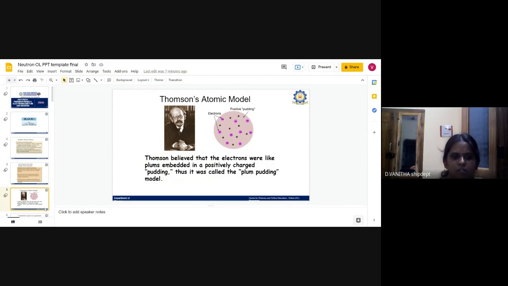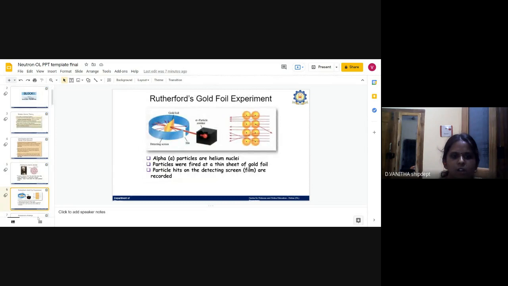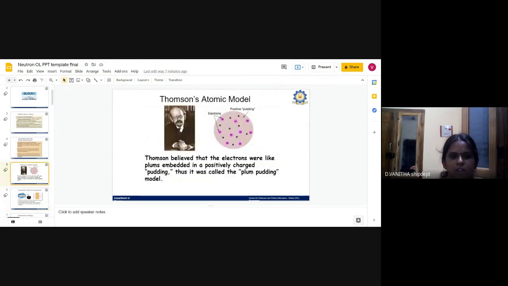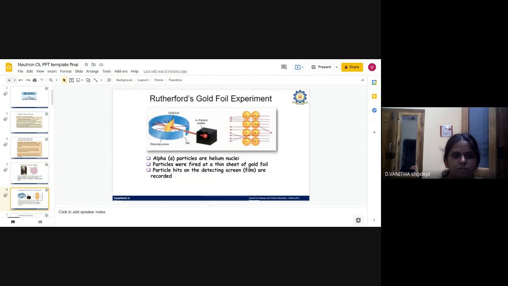This model has some defects, because from the previous conclusion, the number of positive charges and negative charges balance with each other, and that is not explained in the Thomson atom model.